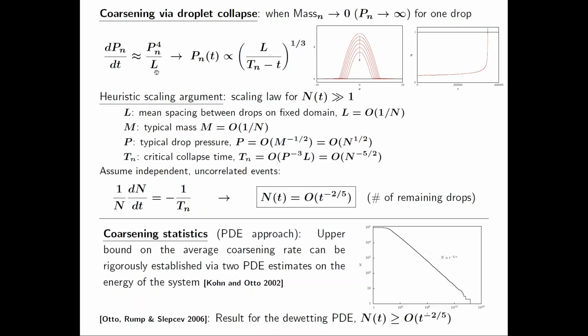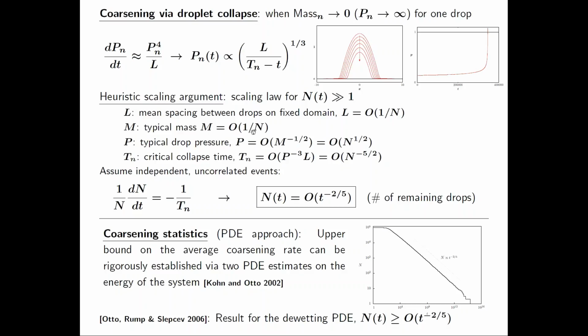By making some approximations, I can reduce that ODE to this, based on the length scale to its neighbors and the droplet's pressure. And that does indeed give me a pressure that blows up in finite time, and it's actually cut off at some maximum value which corresponds to the minimum size quasi-steady drop. So this does correspond to a droplet that vanishes in finite time.